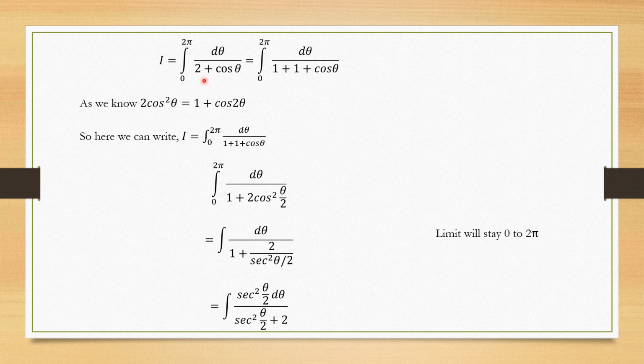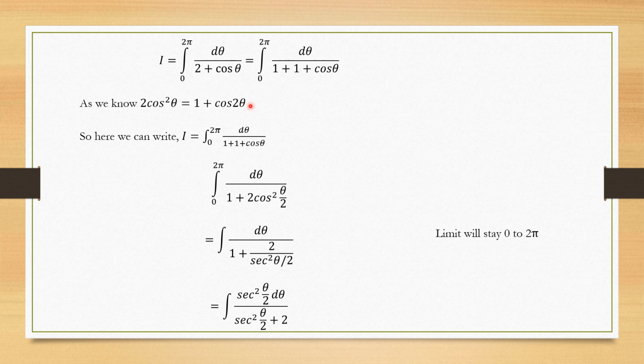The integration is given as I = integration from 0 to 2π of dθ/(2 + cos θ). So here we can write it as dθ/(1 + cos θ). Again we know that 1 + cos 2θ = 2 cos² θ.